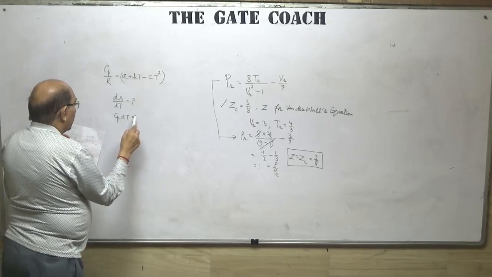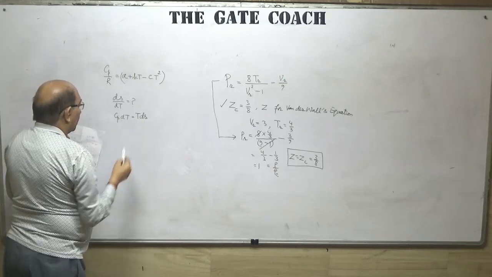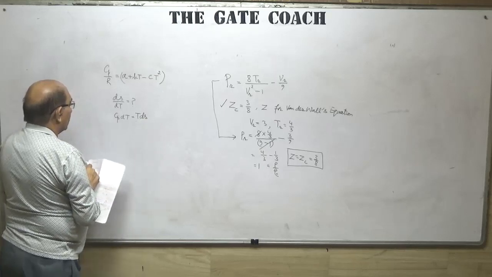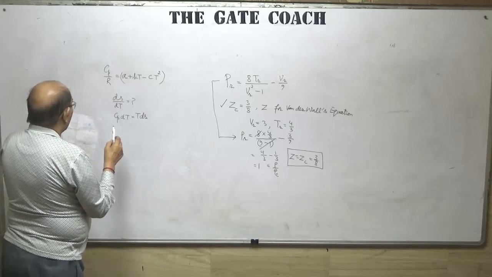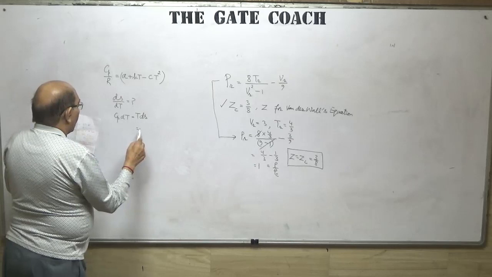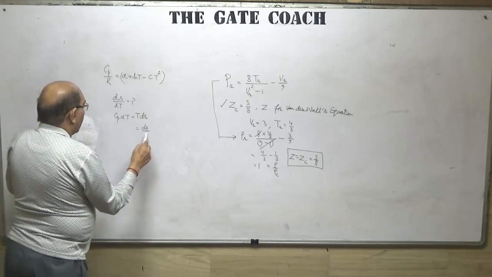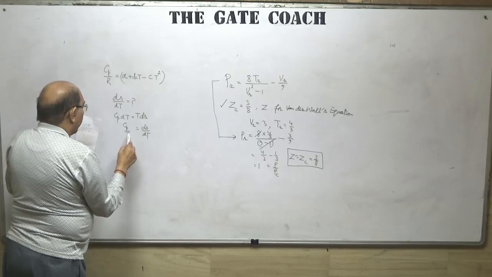Cp dt, the heat transfer, is Tds. So ds by dt shall become Cp upon T.